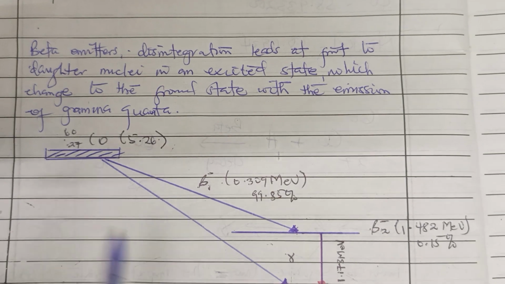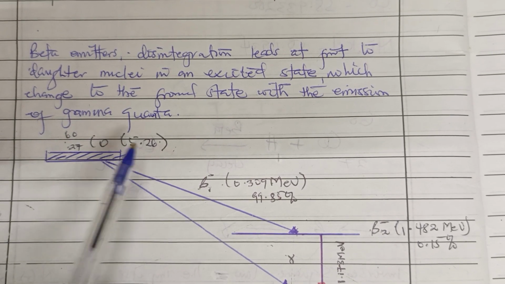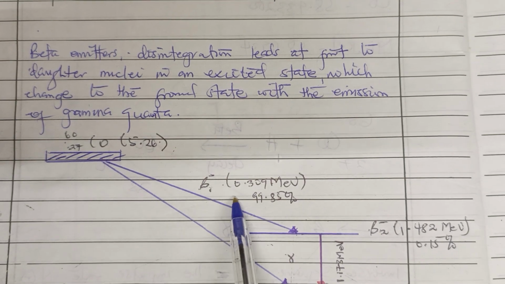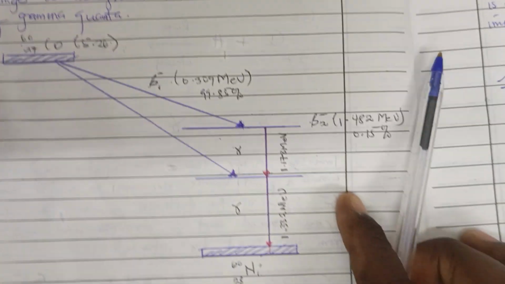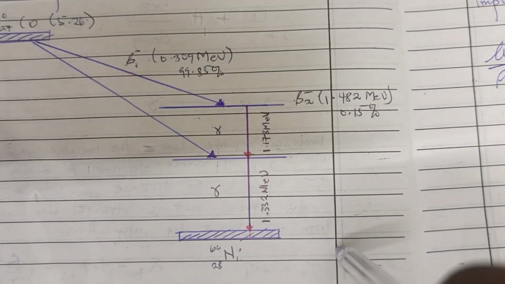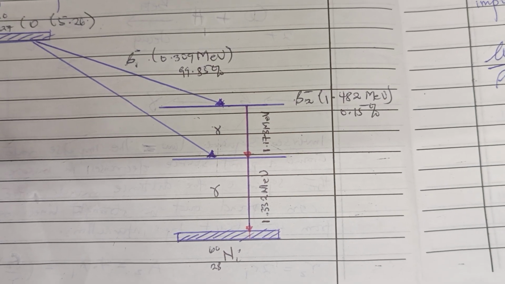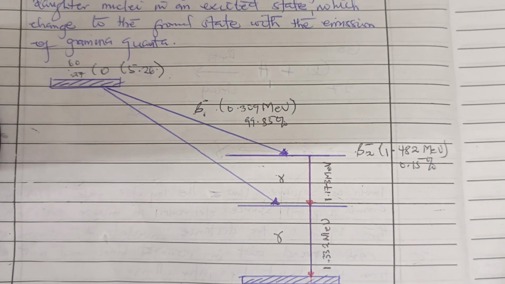Earlier I said that cobalt 60 disintegrates into beta particles at the excited state, and then further disintegrates into gamma particles at the ground state.